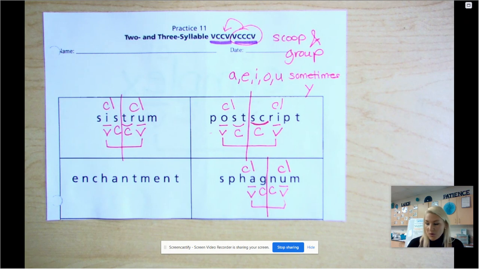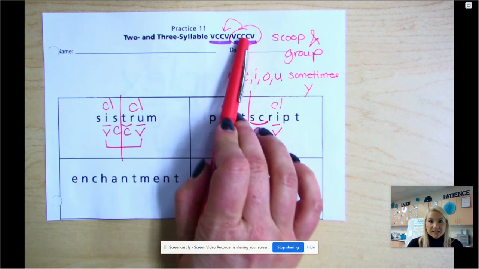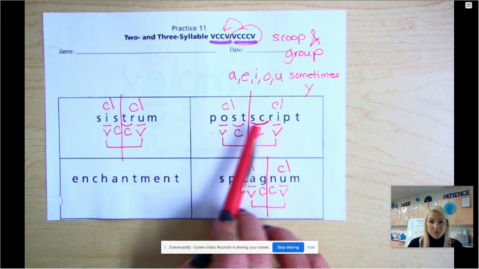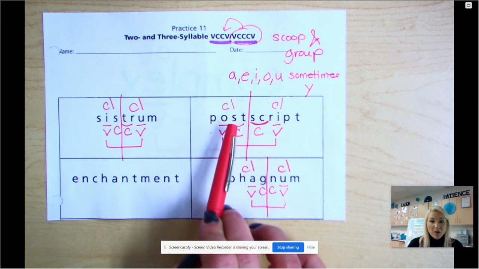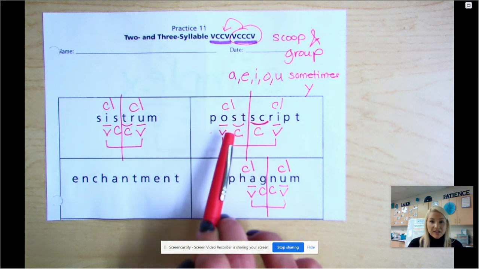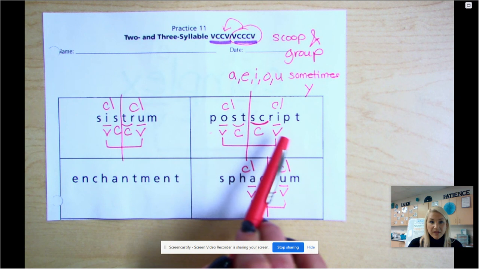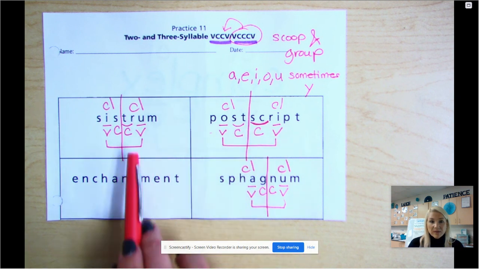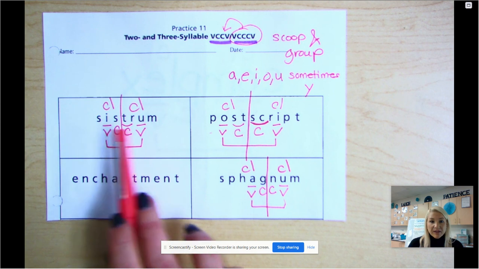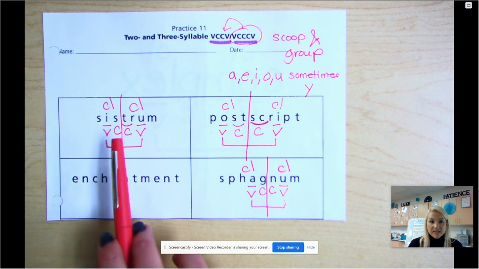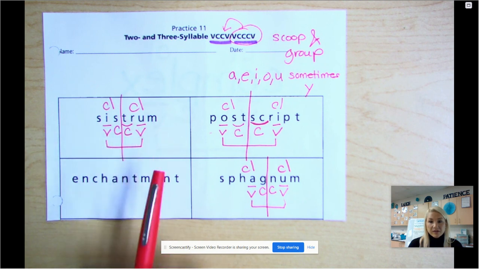Remember, there are VCCCV patterns, like when you saw in here, all these extra letters between the V's. You have to figure out what you're going to scoop and group together to make a VCCV pattern. Same that we did here. We had 3 letters. Well, we had to scoop and group 2 letters together to make a VCCV pattern.